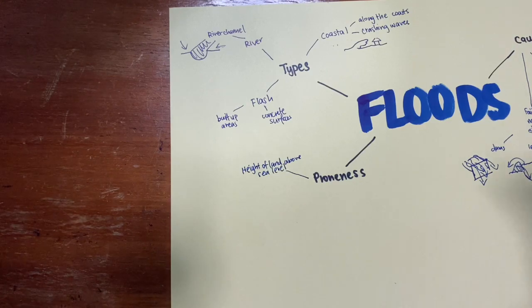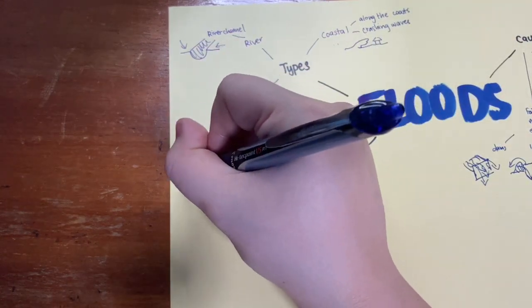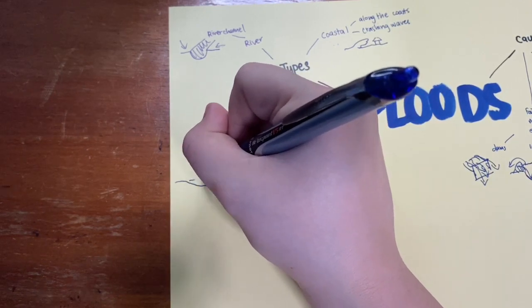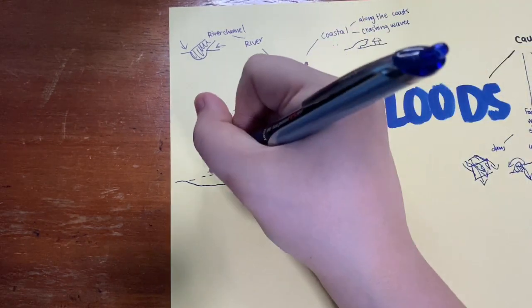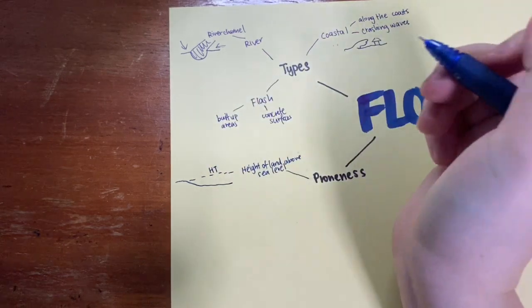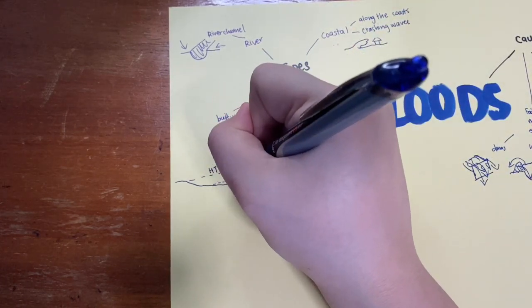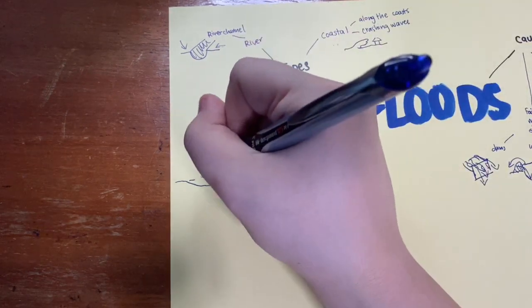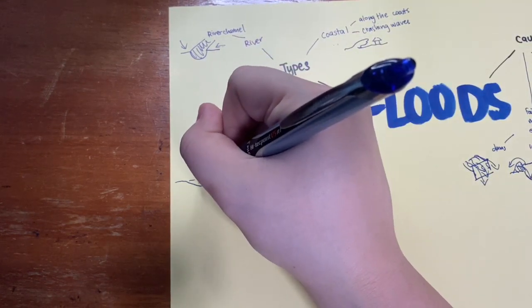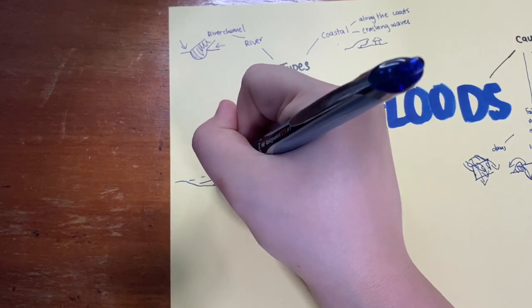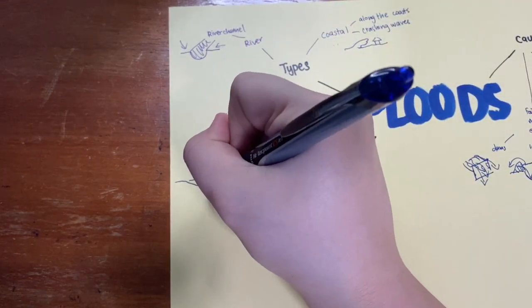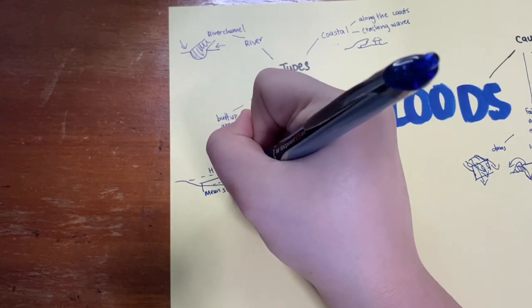So if we have a sea, we actually have high tide, okay, I put as HT, and we have low tide, okay, LT. So the average between the 2 heights is what we know as our mean sea level.